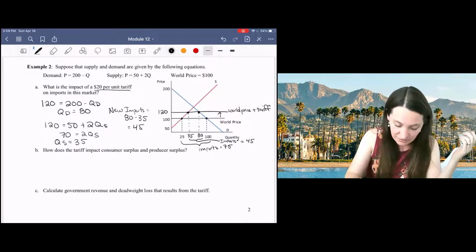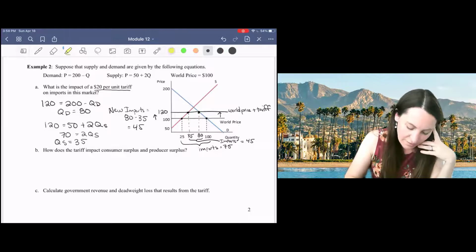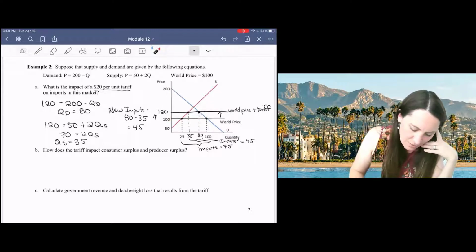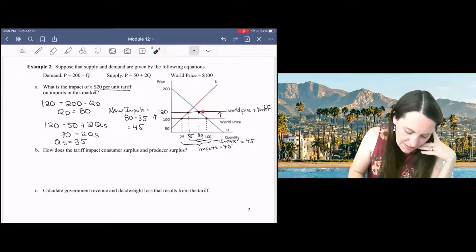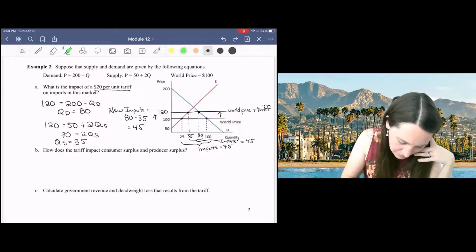So the impact of the tariff was to increase the price of the product. And you can see that, so consumer surplus with open trade would be equal to this big triangle here. At the new price of 120, then you can see that consumer surplus is decreasing. I think I used green before.